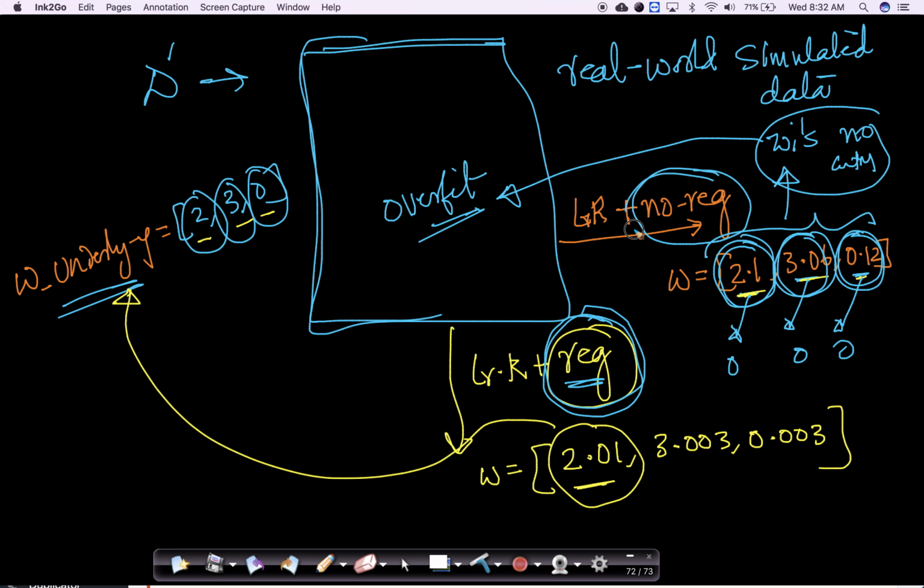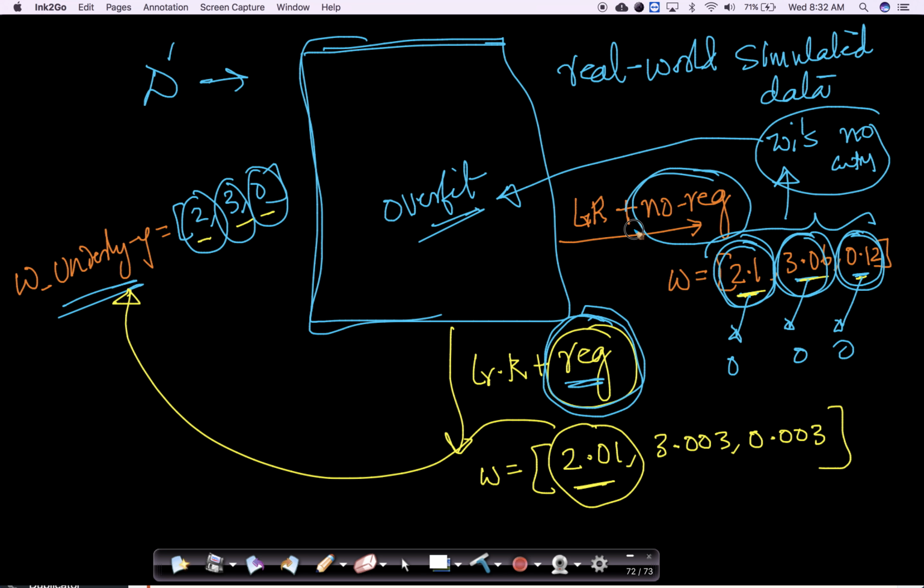In the other case, when we introduce regularization, we have an additional control, which is controlled by lambda. And this ensures your Wi's don't become unnecessarily large. This happens a lot. You can run this simulation yourself and you'll notice this a lot. Of course, you have to find the optimal lambda using cross-validation.